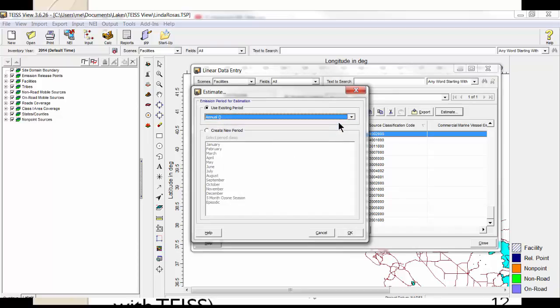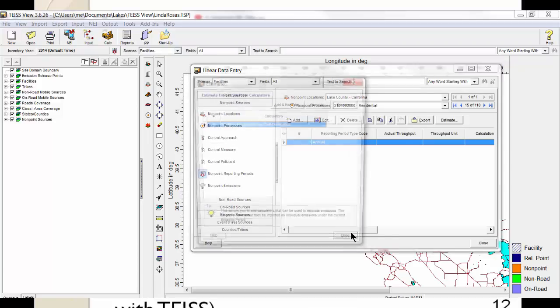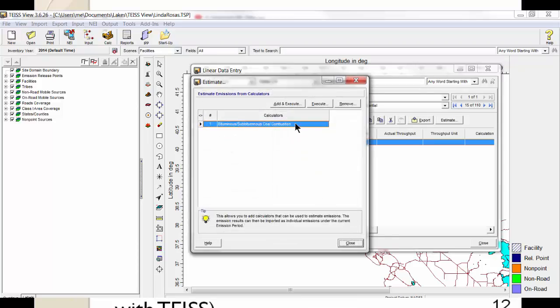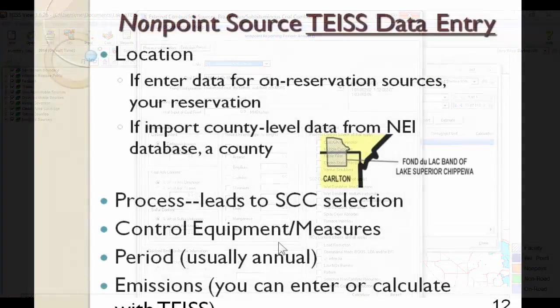Control equipment, the time period, usually annually, and then the emissions. And if you're obtaining this data from another source, such as a county, that could be entered into TEISS, or if you use TEISS to calculate the emissions, that's obviously a data element.